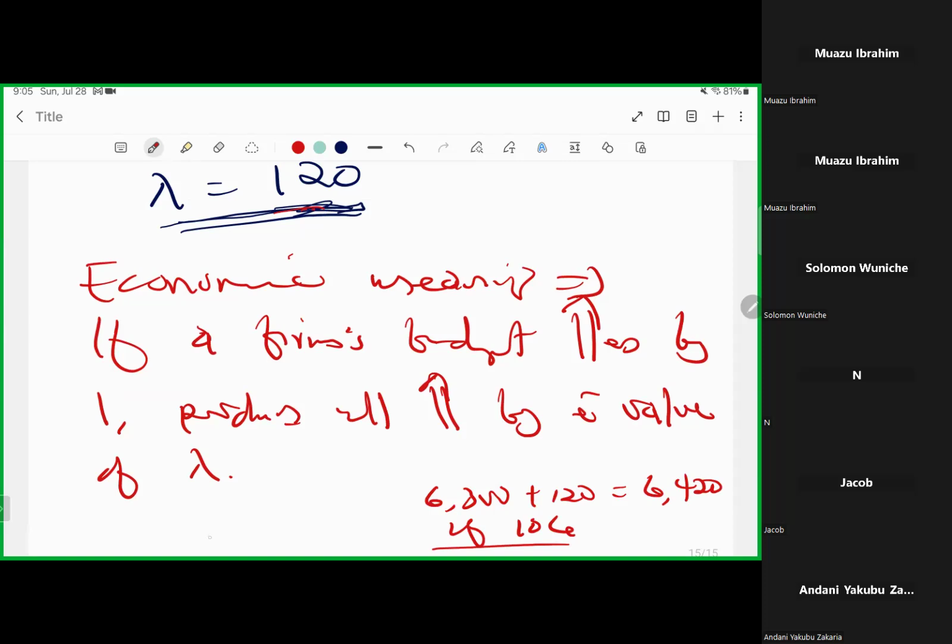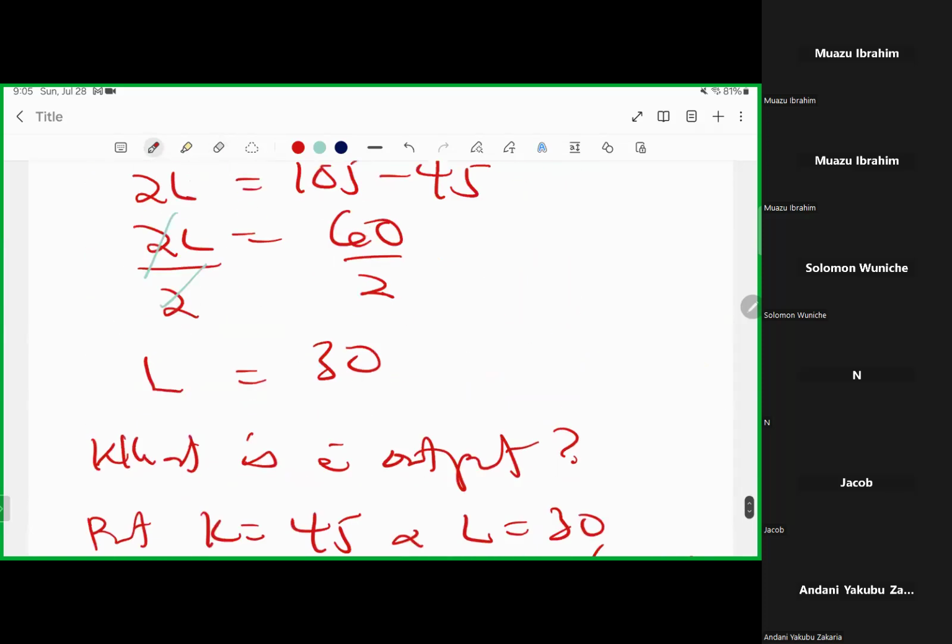That is, your new budget function will be 106, instead of using 105. The price of capital will still remain the same: 1 plus 2L, K plus 2L as the budget constraint function. And you have to use this to solve all of this again.